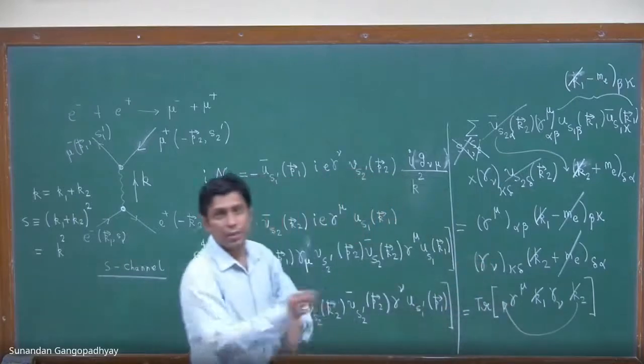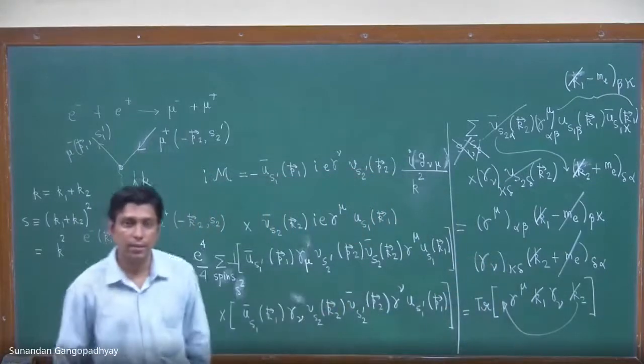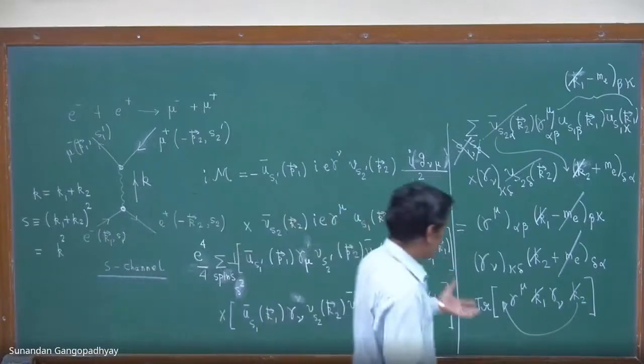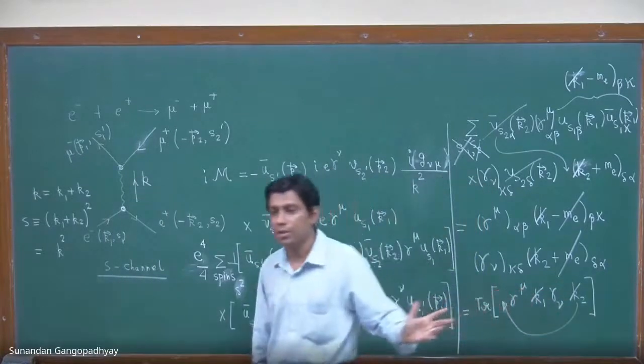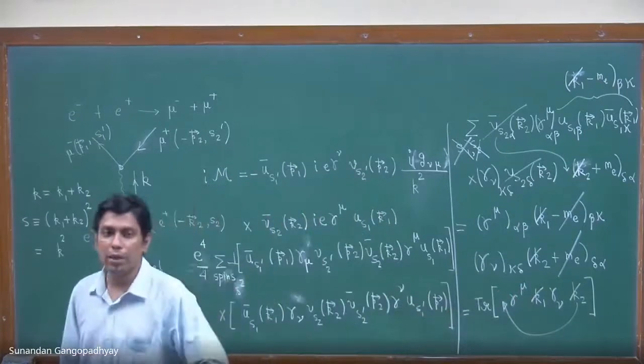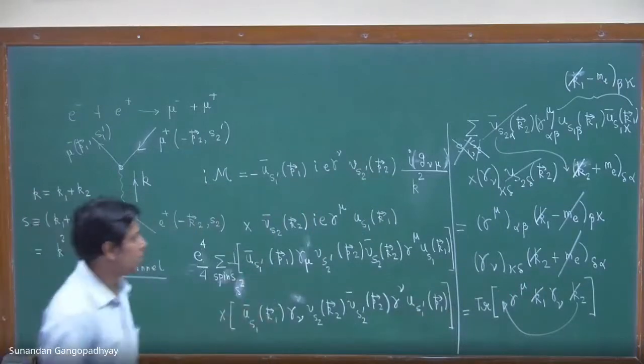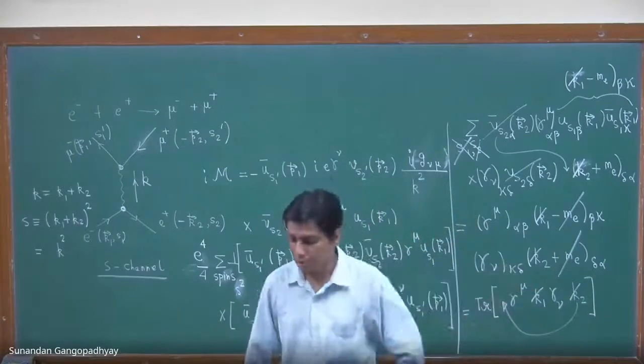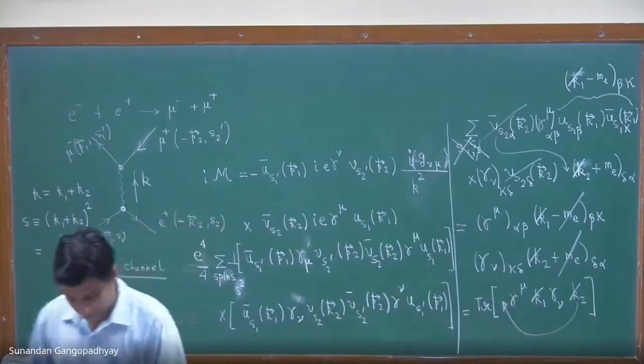You know traces are cyclic, right? The cyclic property for traces holds. These are all finite dimensional matrices, so the cyclic property will hold, and you can bring this factor here.